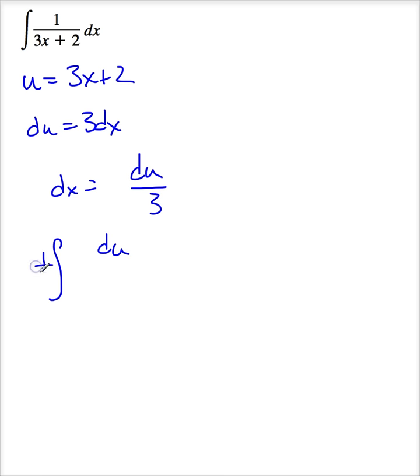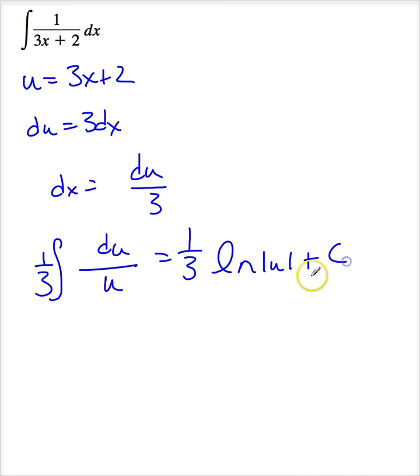Now, do you mind if I drag this 3 out here? You can do that. So this is 1/3 the natural log of the absolute value of u plus c. And remember, you have to plug back in. So this is 1/3 the natural log of the absolute value of 3x plus 2 plus c.